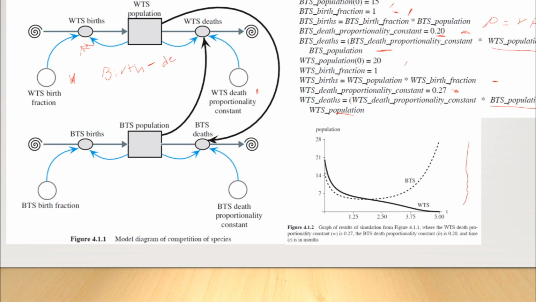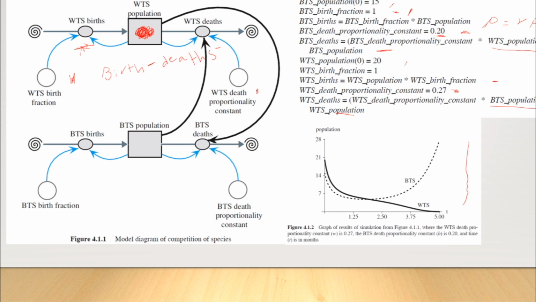Right, okay. So births minus deaths is what is filling up this piece right here, right? So that is the difference, that is the actual value. This is the rate of change of births and the rate of change of deaths, and the difference of that will be the existing population.